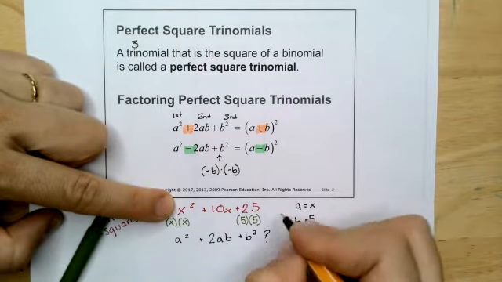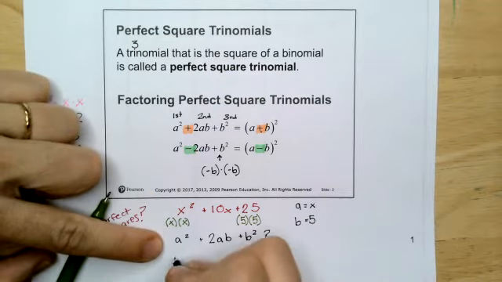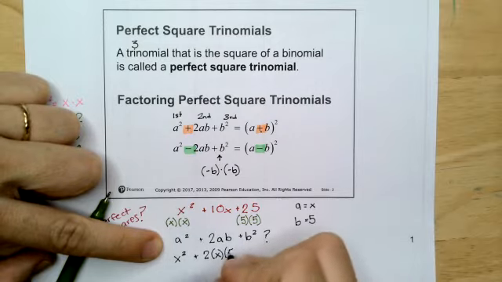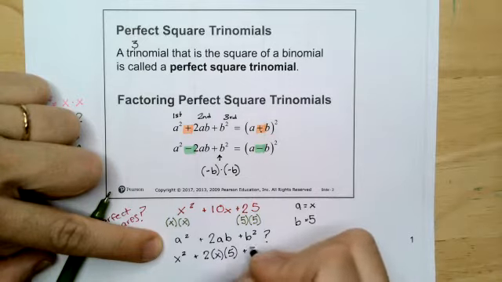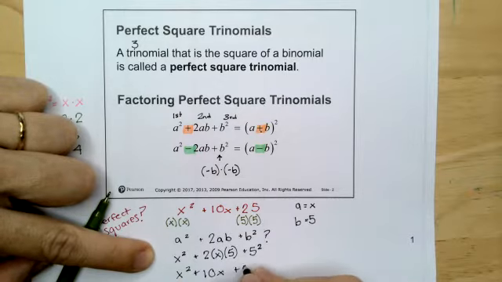B is 5 because the square root of 25 is 5, right? So if I put that in, that means I have x squared plus 2, a I said was x, b I said was 5. So this is all we're doing. X squared plus 2 times 5 is 10 times x plus 25.